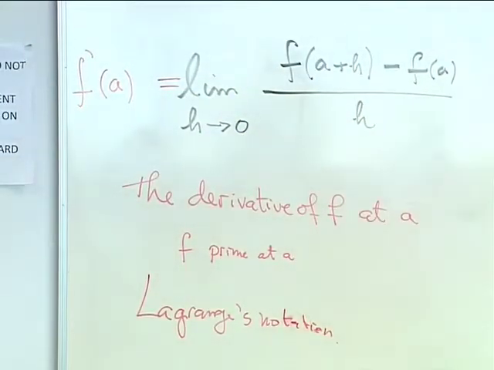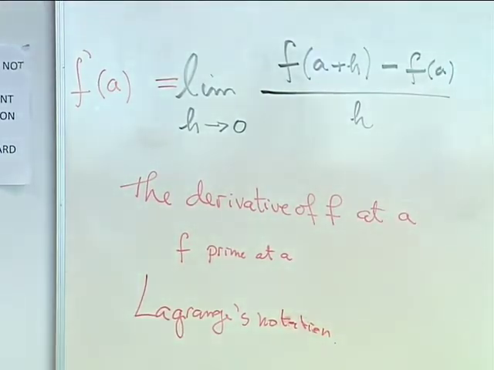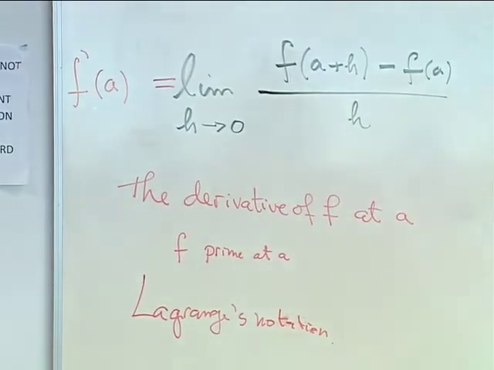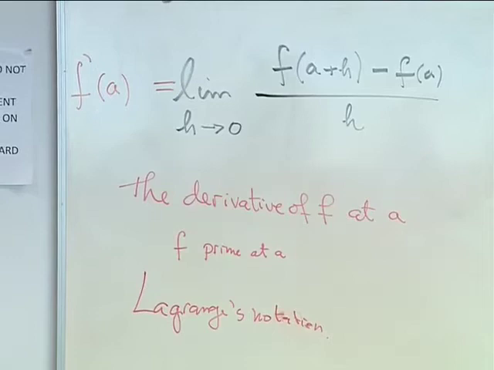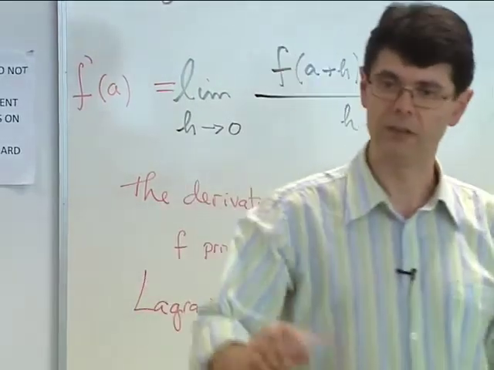It turns out that of Lagrange's notation, Newton's notation, and Leibniz's notation, the best one is Leibniz's. The shortest one, well, there's Lagrange's and Newton's. They're equally short. But the one that stuck was Lagrange's. We'll talk about why Leibniz's notation is better later on.